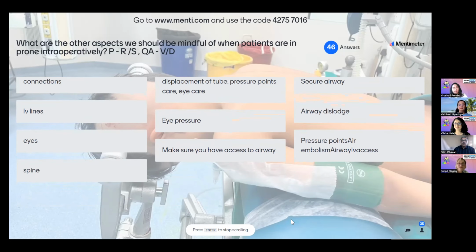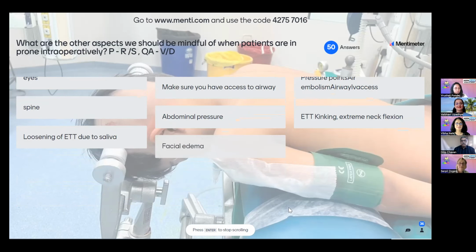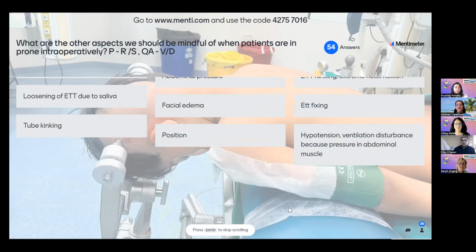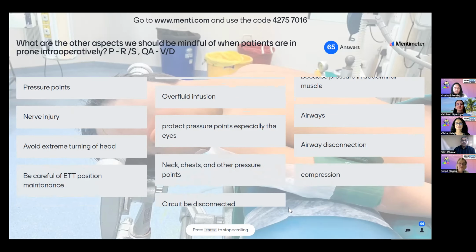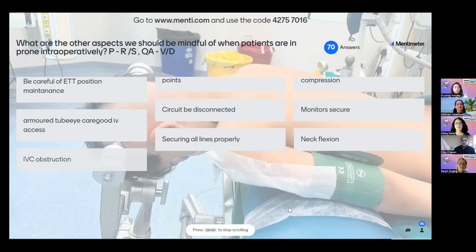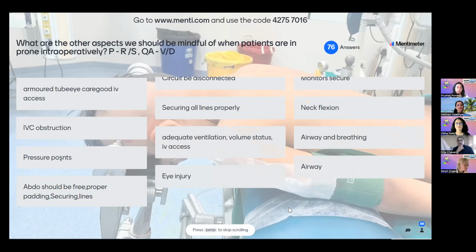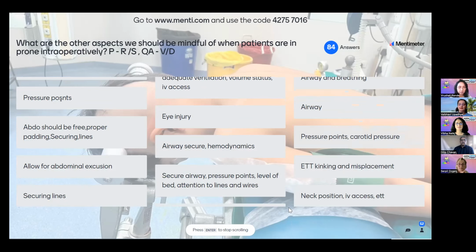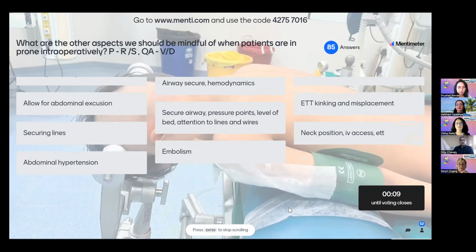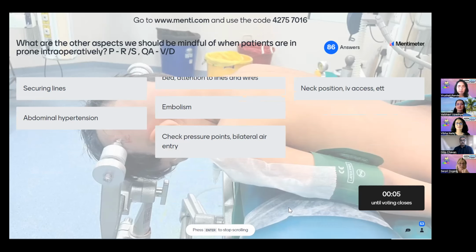When we have to turn patients from supine to prone, we have to make sure the head is secure, and also pay attention to the eyes and make sure they are free from pressure, because pressure eye injury can lead to visual disturbance or even blindness due to the lack of perfusion to the eyeballs. My trick is to use a mirror to check the eyes while we position the patient to prone before the start of surgery.